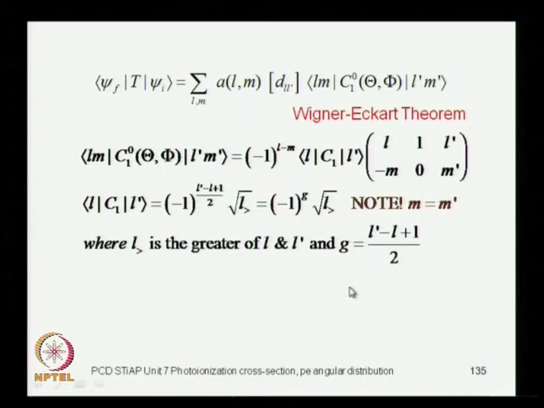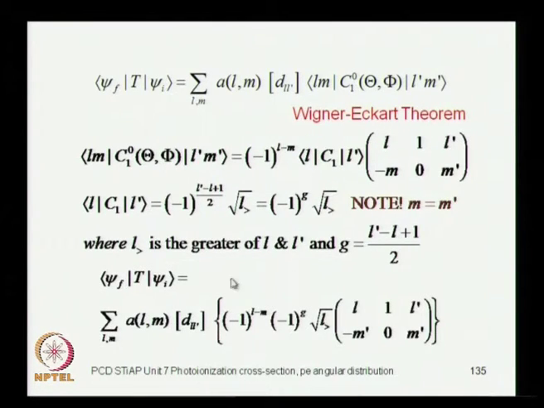Okay. So, this is what you get, and once you put in all of these expressions, you get the matrix element in terms of these angular factors, including the Wigner 3J symbol, which is essentially a Clebsch-Gordan coefficient, and then you have got the radial integral over here.